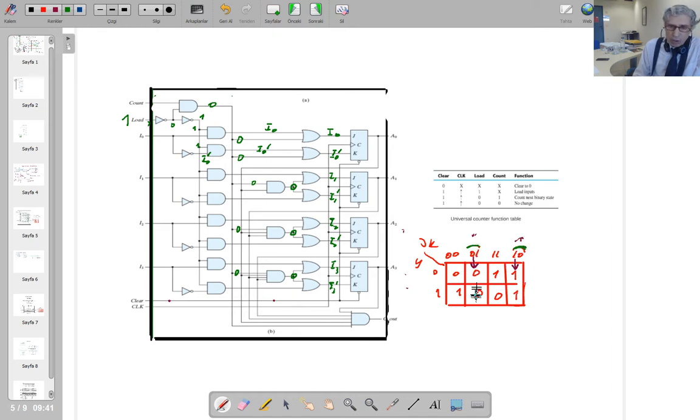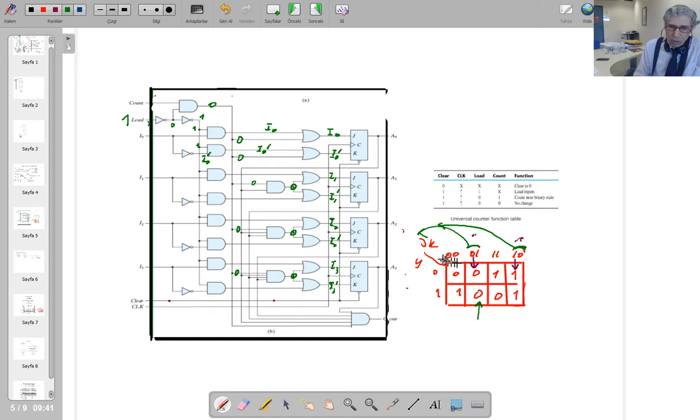If you are in this column, the value you observe at the output of the flip-flop is going to be 0, which is the same as the J input, isn't it? So in here, if the inputs are opposite to each other, the output once again is the same as the J input.